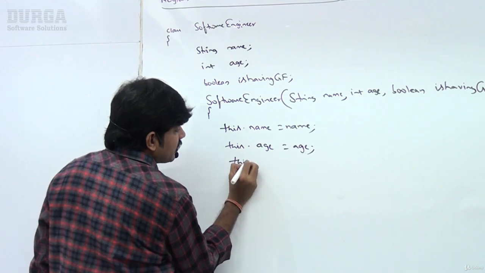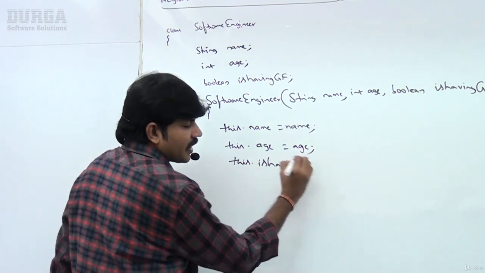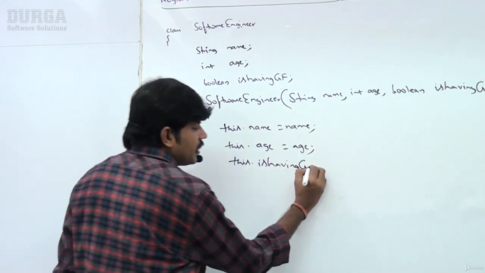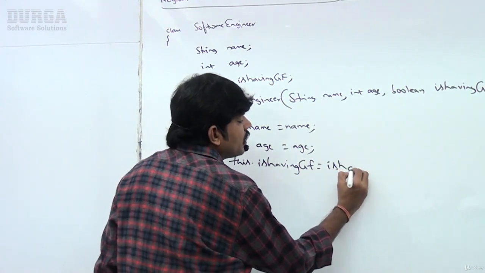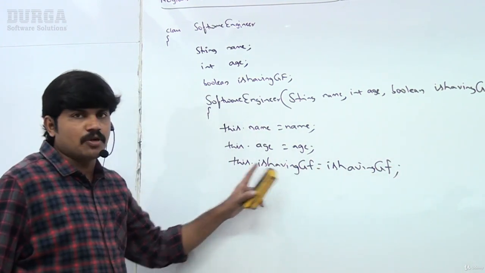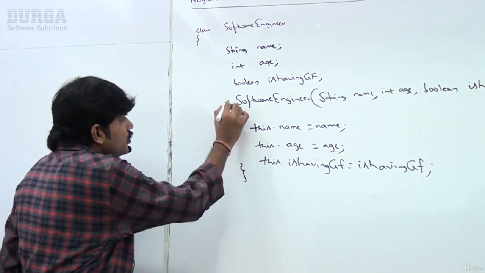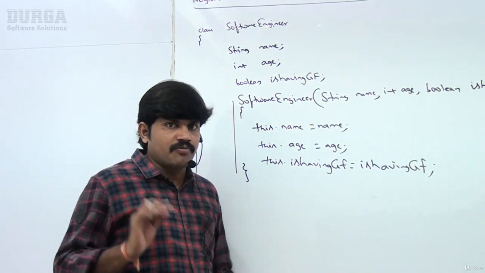Next, this.isHavingGirlfriend is equal to isHavingGirlfriend. I will pass the argument, no problem at all, sir. That's all. So with this constructor, you can create n number of software engineer objects.